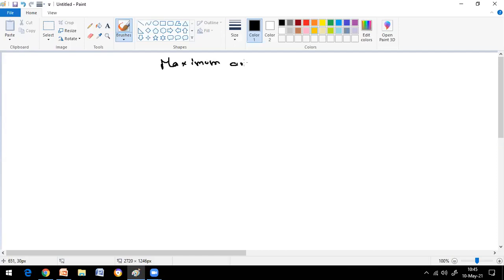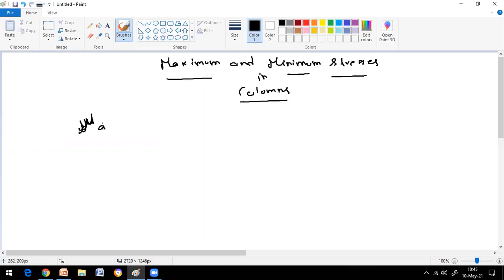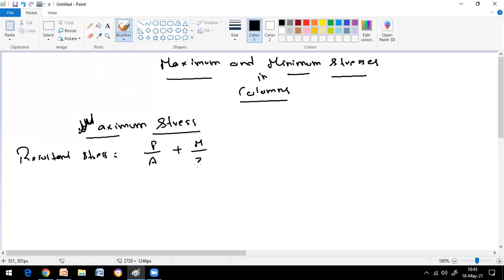Maximum and minimum stresses in columns. Very, very important. The maximum stress, which is a resultant stress, is load by area plus bending stress.